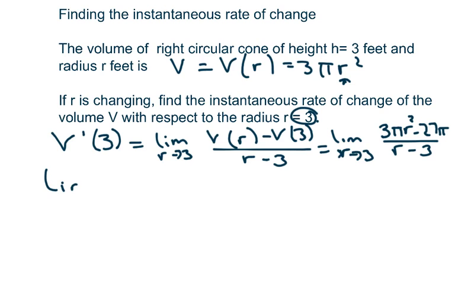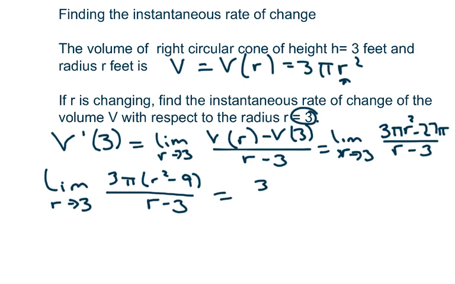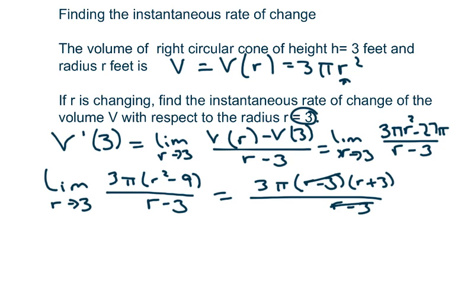Now we're going to factor out the 3 pi, and we get r squared minus 9 over r minus 3. So that gives us 3 pi times r minus 3 times r plus 3 over r minus 3. That cancels.